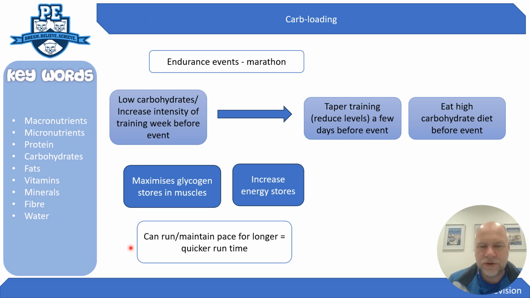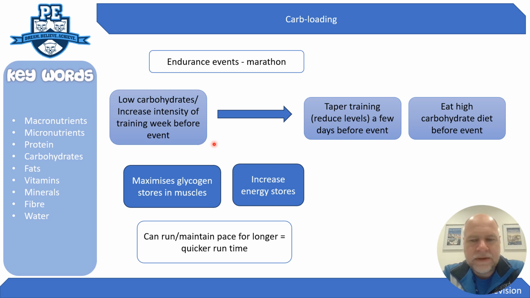1 mark, 2 marks. Then you can get into the nitty-gritty of what the process of carbohydrate loading is. So we start off with, and this is very summarized, low carbohydrates and high intensity of exercise about a week before the event that we're preparing for.